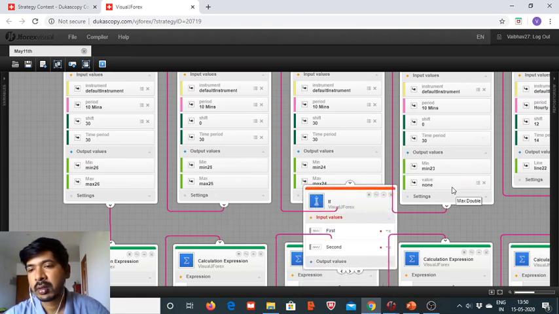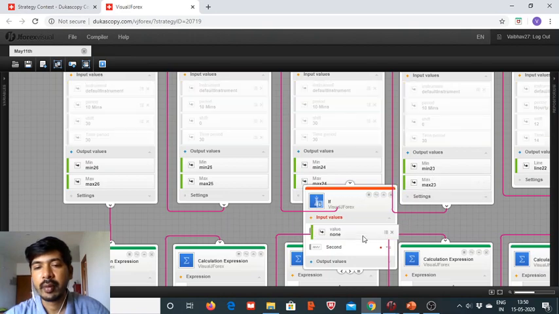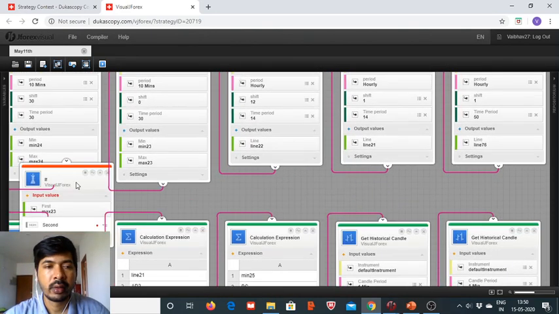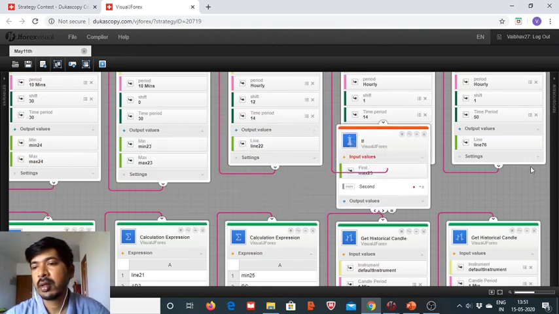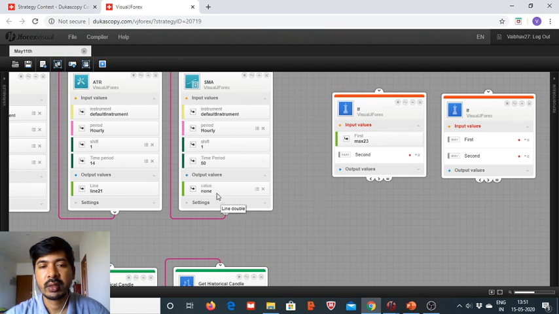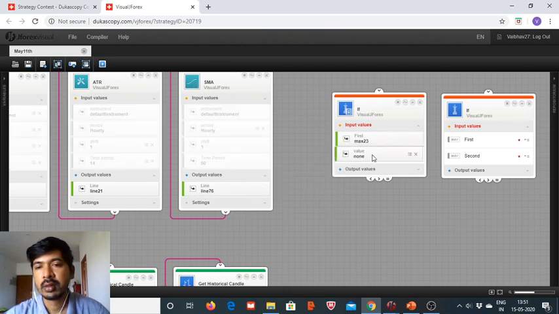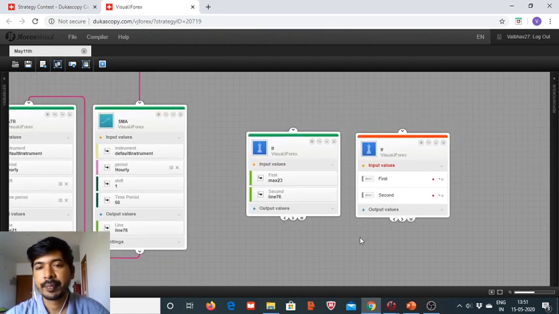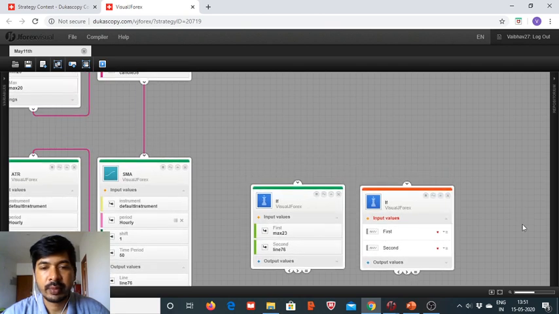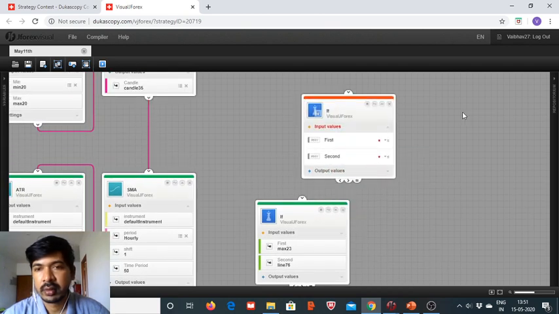We take the maxima which needs to be greater than the 50 SMA, which is line 76, and SMA 50 we got it.